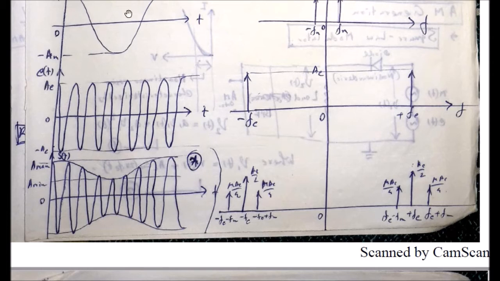If you have a sinusoidal message signal and produce a high frequency carrier signal, and have the circuit, at the output you will obtain this kind of waveform, which can be viewed in the DSO or CRO, and from the DSO or CRO you can obtain the peak to peak voltage of Amax and the peak to peak voltage of Amin.